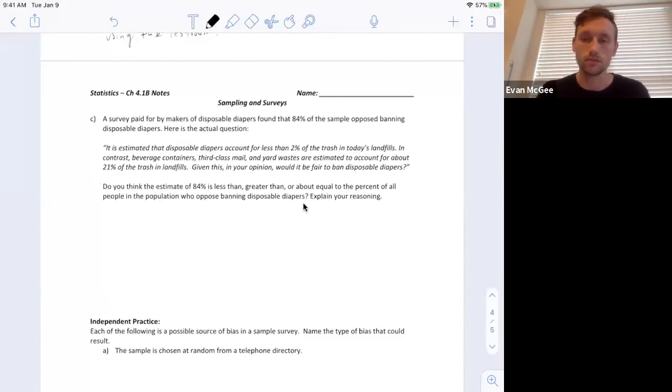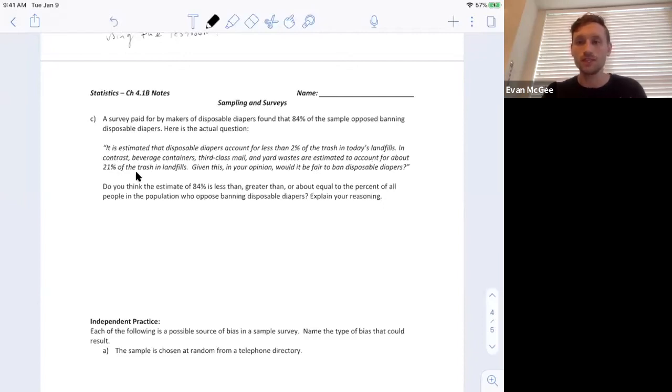Explain your reasoning. So in this case, the survey found that it was 84%, but the wording of this question is really making it seem like disposable diapers aren't bad. They're telling us that disposable diapers only account for 2% compared to all of these other bad things that make up 21%.